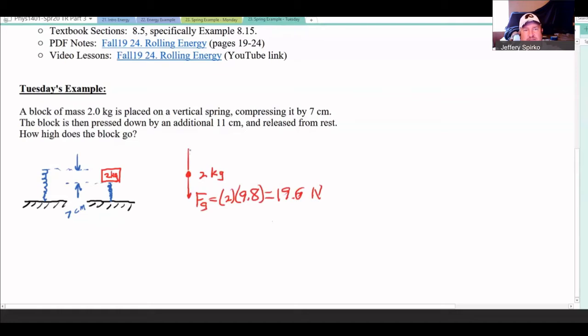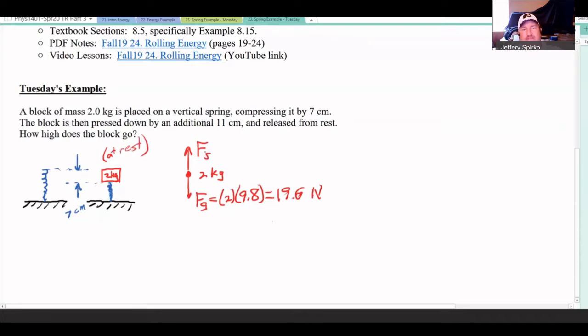And it experiences an upward force, F sub s. And when we say that this block is placed, causing it to compress, what we mean is that this situation is at rest.